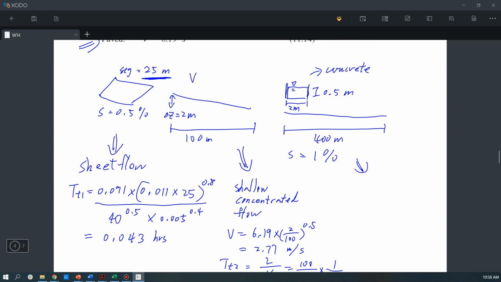Okay, and for the last piece, we will use the Manning equation. The velocity is equal to 1 over n times the hydraulic radius to the power of 2 over 3 times the slope to the power of 1 over 2. So we can plug in numbers, and because this is a concrete channel, the Manning coefficient in this case is 0.013.